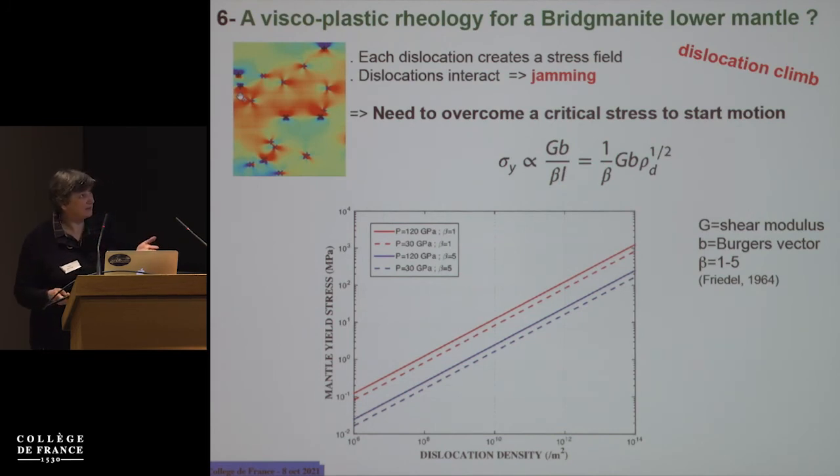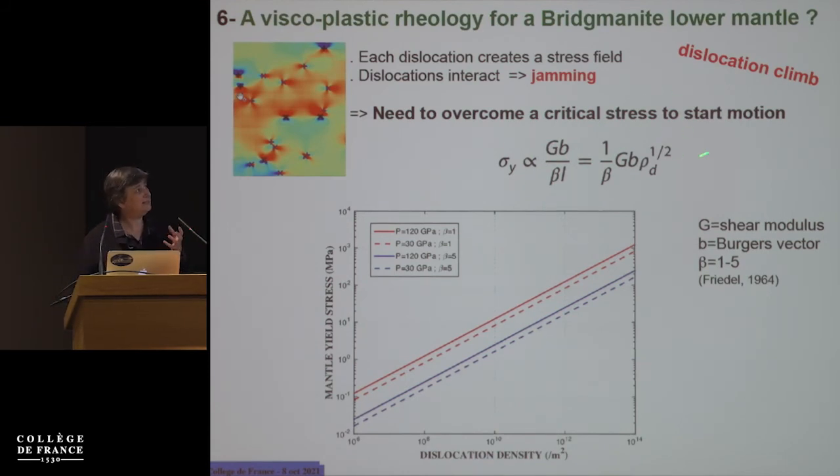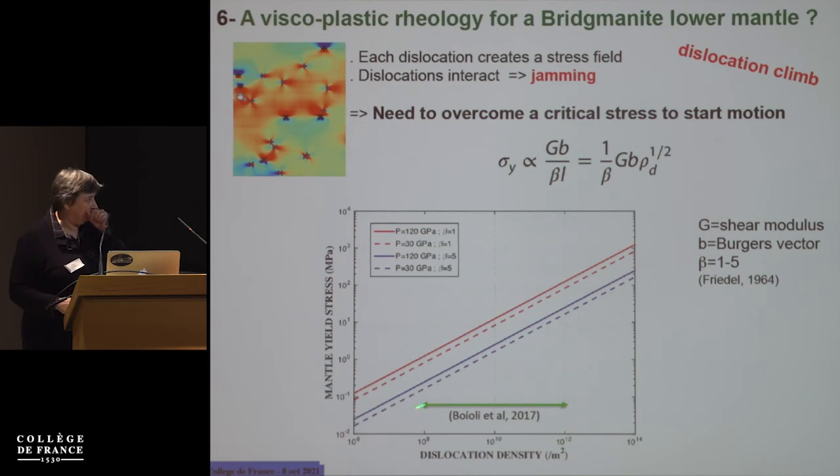So you can see that, in fact, to start motion, you're going to have to overcome a critical stress that depends on the elastic properties of your rock, but also on the density of dislocations. And this critical yield stress can reach from a megapascal to about 100 megapascals for dislocation densities between 10^8 and 10^12. And they showed that in the lower mantle, the mantle rocks were probably behaving in this range.